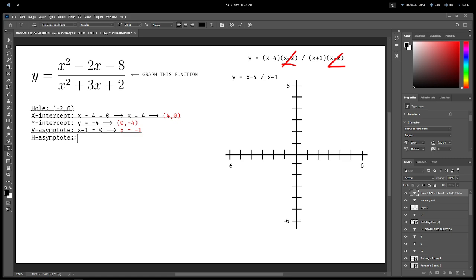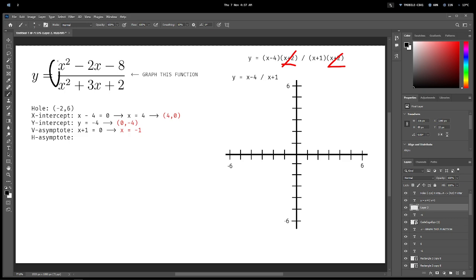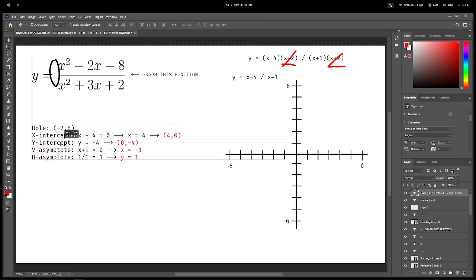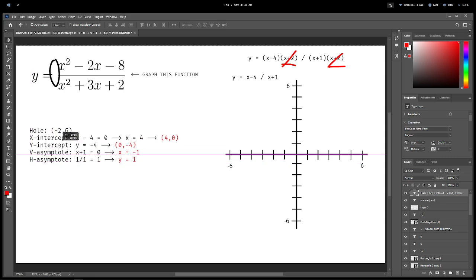So what we do with HDC is we divide the coefficients, and you may look and you don't see any coefficients over here. It's like, oh no, where am I? Okay, that is actually invisible ones. So this will become 1 over 1 equals just 1. But because this is an asymptote, it will become y equals 1. And that is actually all we need to graph this function. Okay, let's start graphing because I need to go to work.